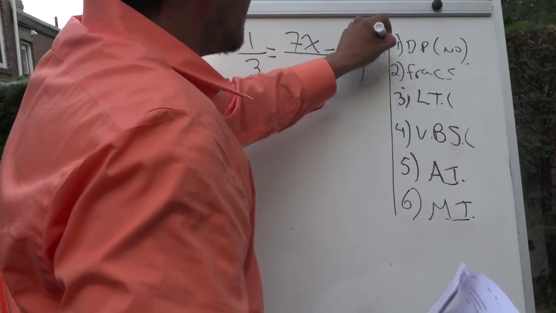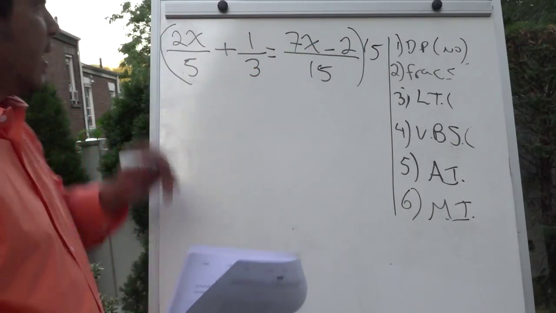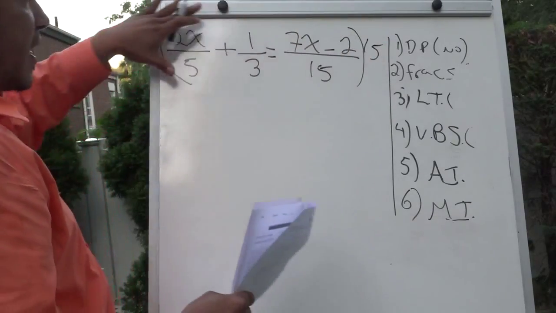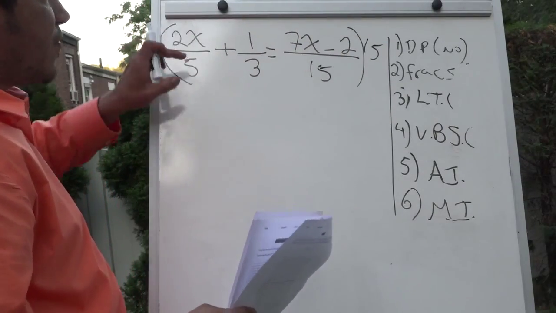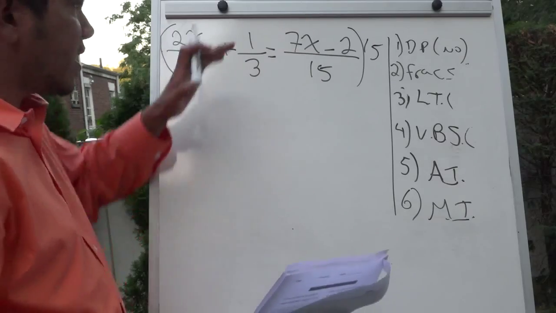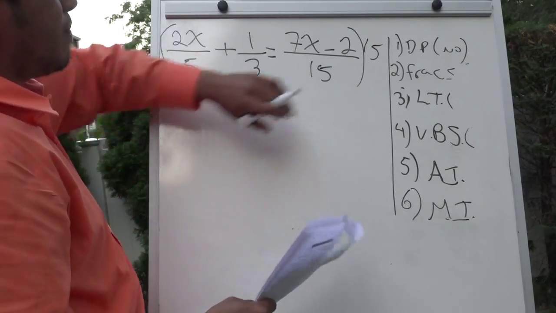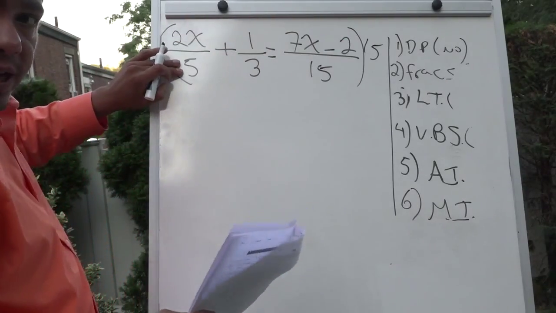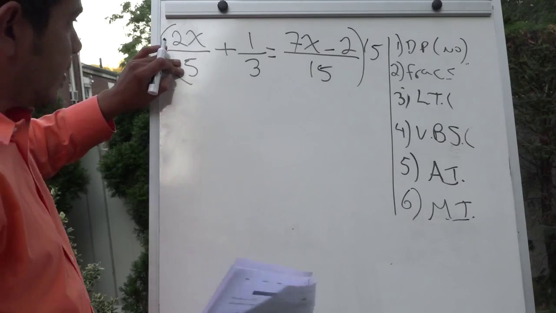I'm going to multiply the whole thing by 15. When you multiply here, remember, you have a choice. If you can divide it evenly, do it. If not, then you have to do the multiplication. So, 15 divided by 5 is 3.